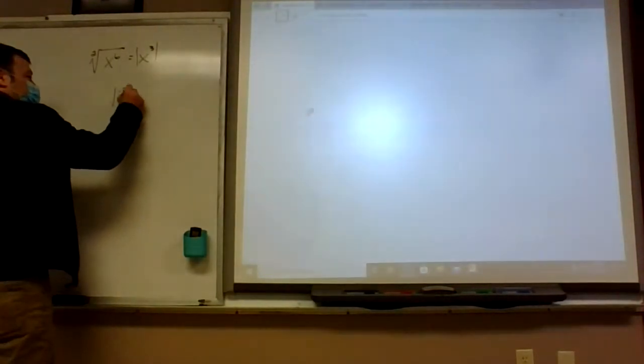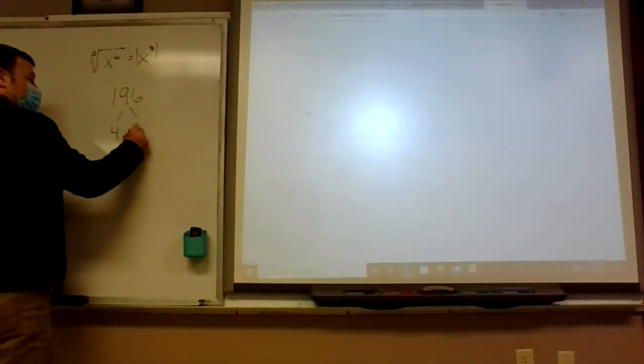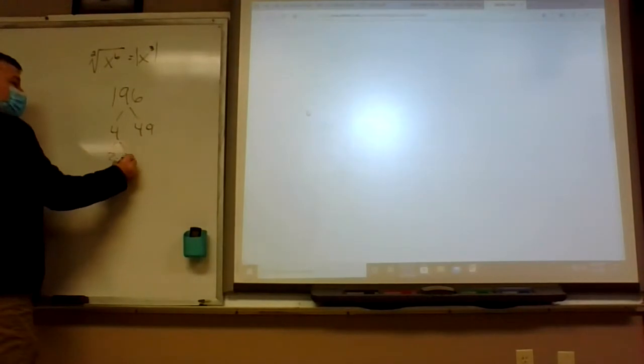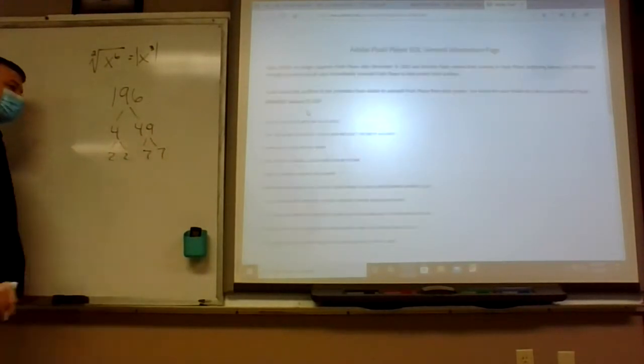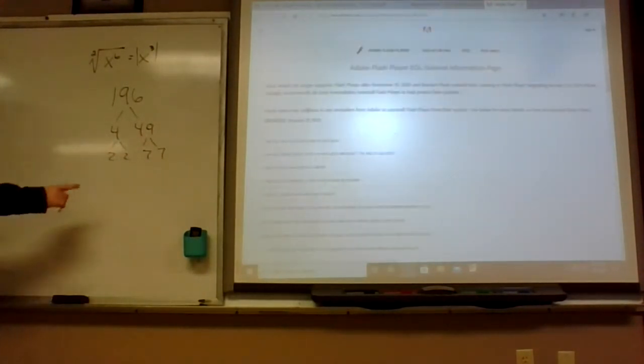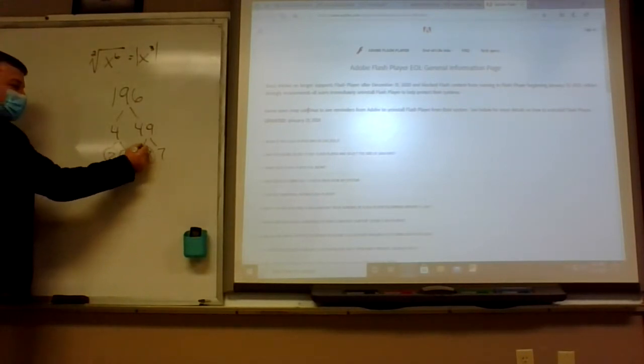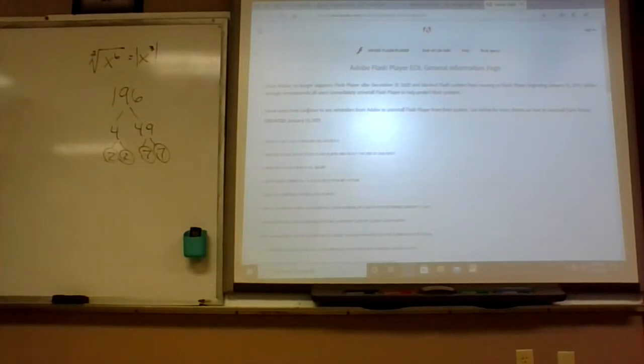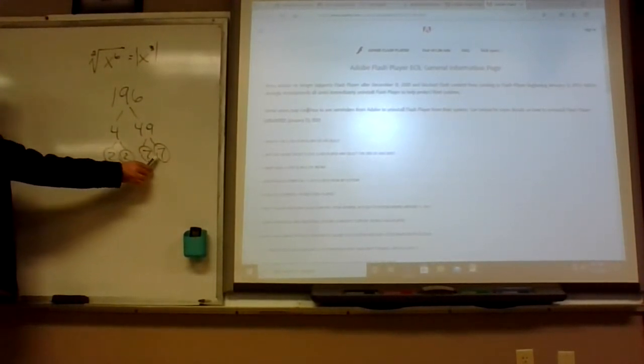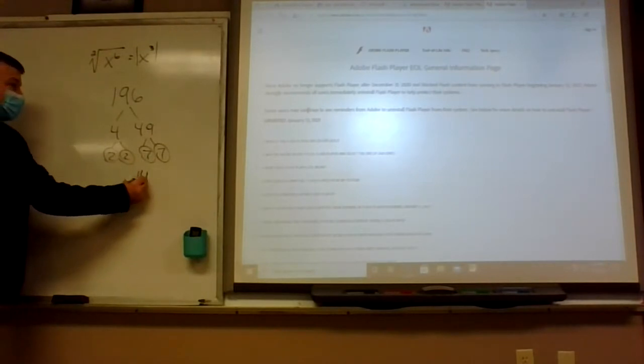Okay, 196 is 4 and 49. And then 7 and 7, 2 and 2, 7 and 7. Remember the doubles go on the outside, so 2 and 7 go on the outside, 2 times 7. And nothing is on the inside, so that means it actually has a nice square root. So the square root is 2 times 7.